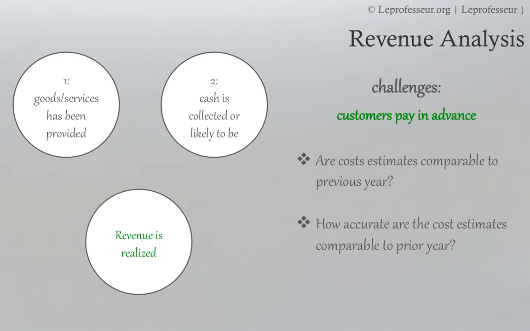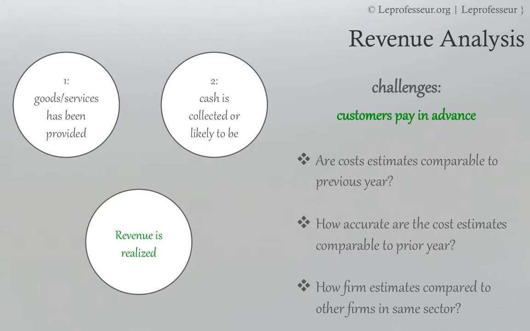Because let's say the company has put out some estimates, but what is the accuracy of those estimates compared to previous years? So you can get a pattern based on past years, or if you are doing it on a quarterly basis, say the first quarter of 2016, then you should be checking the same quarter, the first quarter of 2015, to see how the company did.